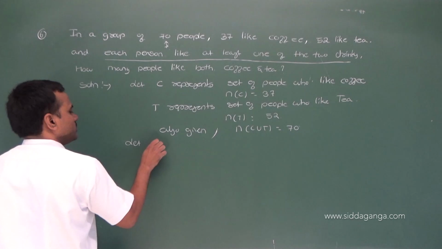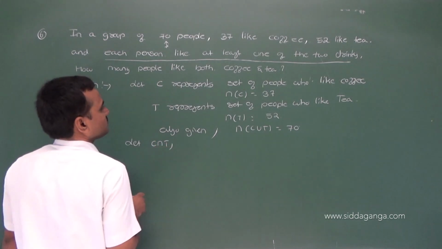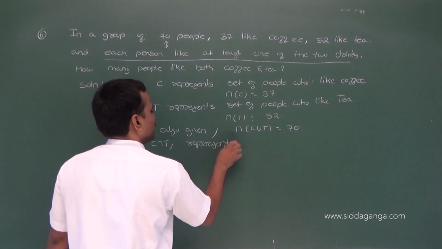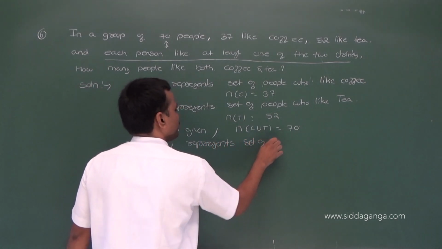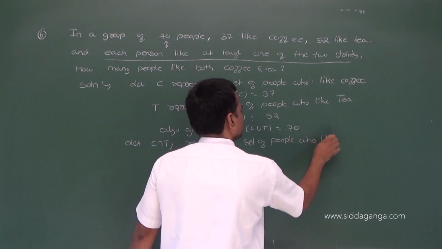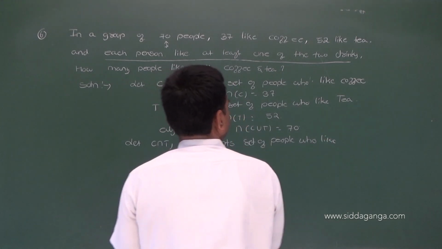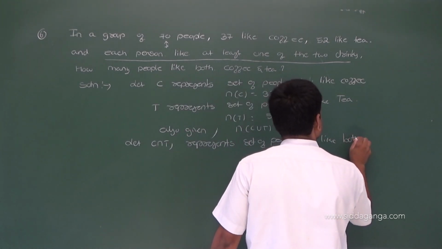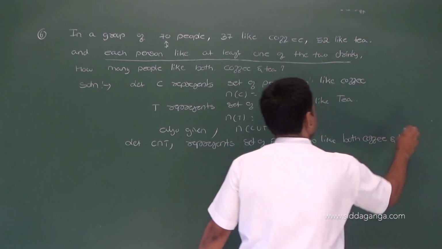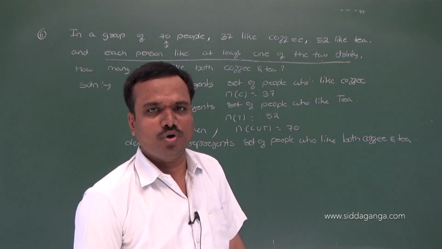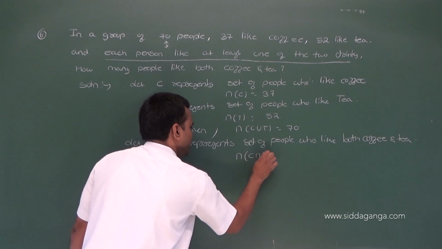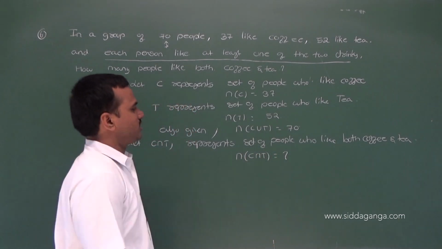Let C intersection T represent the set of people who like both coffee and tea. That means we have to find n of C intersection T.